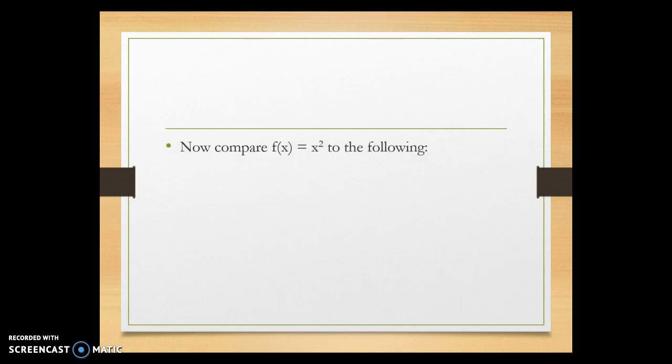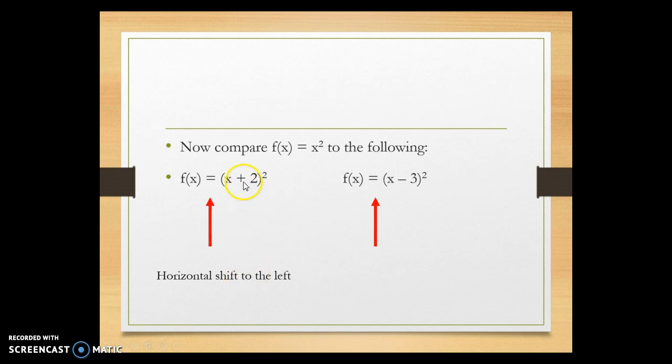Now, same thing. If we're thinking about our parent quadratic function x squared, and I give you a problem where the plus 2 is inside the squared, inside the parentheses, this is actually a horizontal shift to the left, so backwards, because remember the original formula is x minus h.